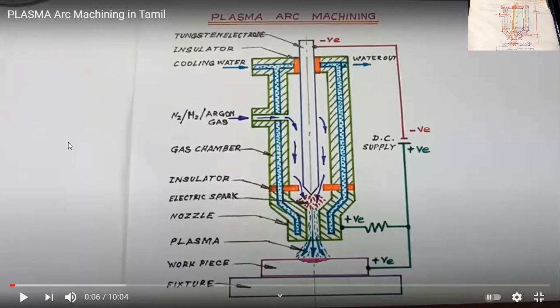How it gets separated I have said in the last class also. Once the temperature is raised more, the electrons from some of the atoms will get dissociated and the gas will become ionized, consisting of different ions and electrons. This state of the gas is known as plasma.